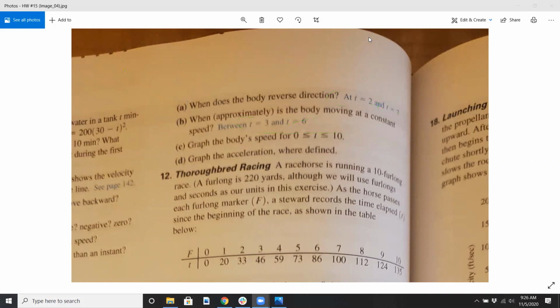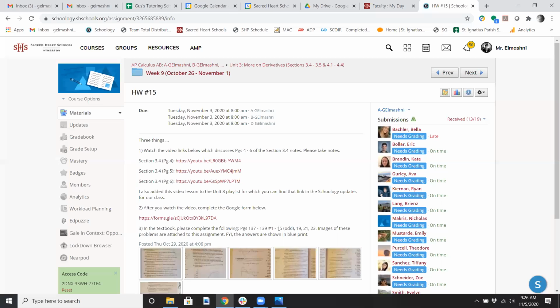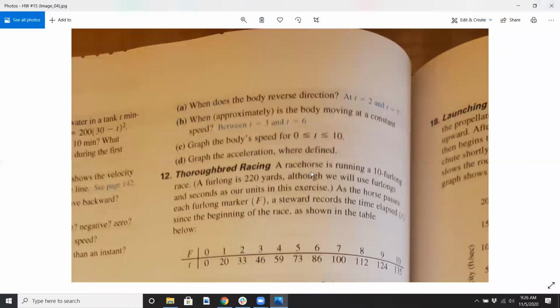So I'll just take requests for anything else from 3.4 before I talk about 3.5. So are there any requests among 13, 15, as well as 19, 21, 23? More than happy to quickly talk about any questions you may have had about those problems.